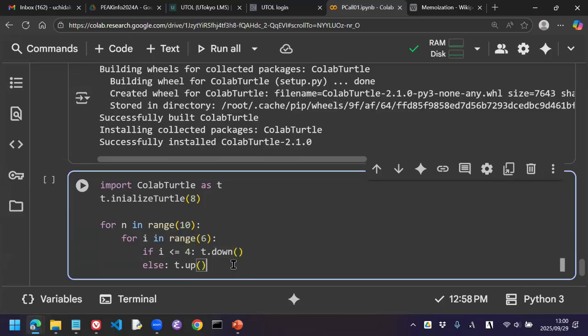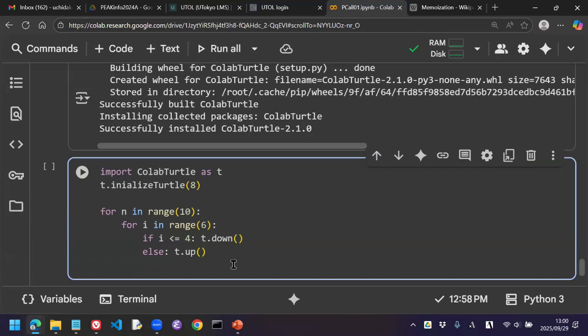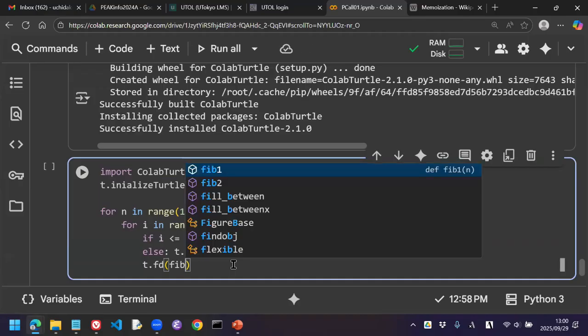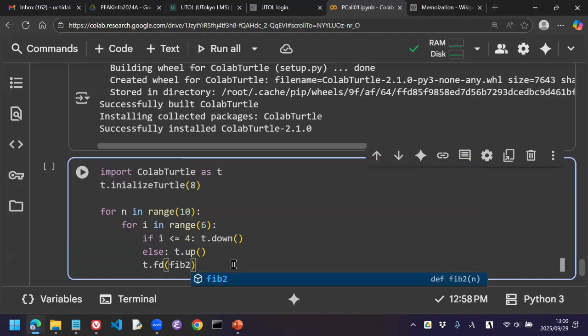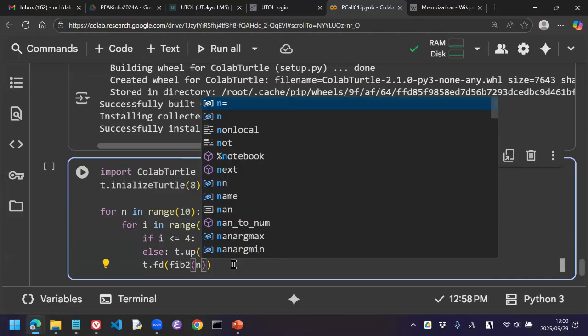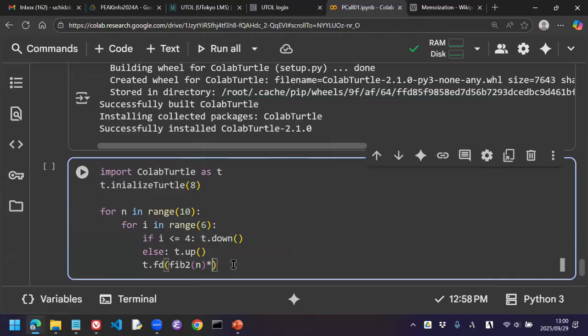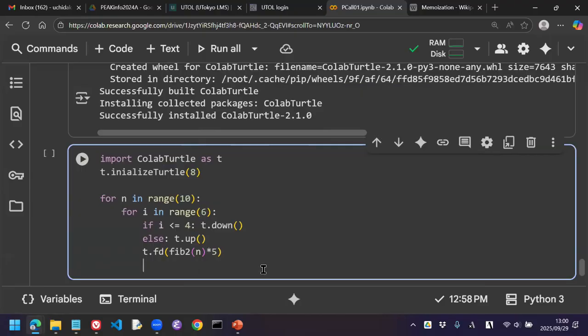And it's simple. Okay, go forward fib 1, fib 2, n times 5, for example. And then t right by 90 degrees.